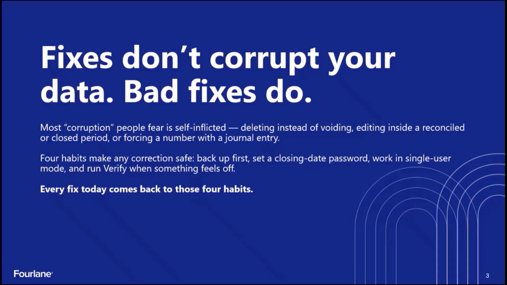The third habit is to work in single user mode when you're making structural changes, and we're going to talk about what that means later. And fourth, run verify data when something feels off, so you catch issues early on. Keep those 4 things in your back pocket because you're going to see me come back to them on pretty much every fix we go through today.